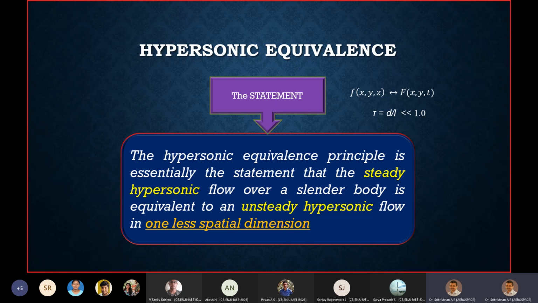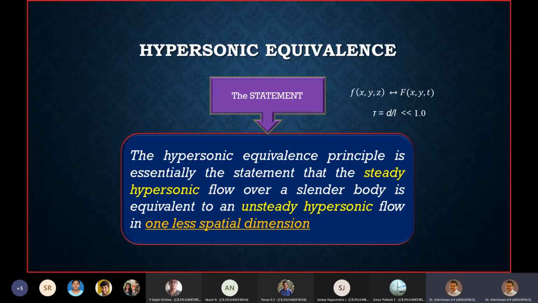So, steady hypersonic flow over a slender body. If I'm considering flow past a slender body, all my assumptions regarding tau become important, that is d by L has to be less than 1. But I'm just saying slender body, so I have the freedom that the nose can be blunt yet.